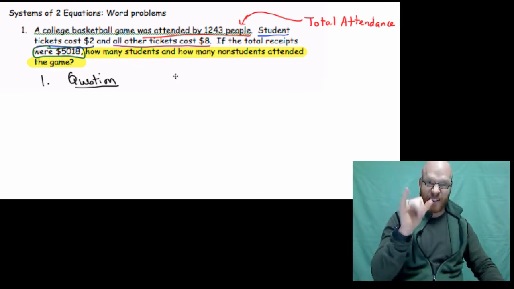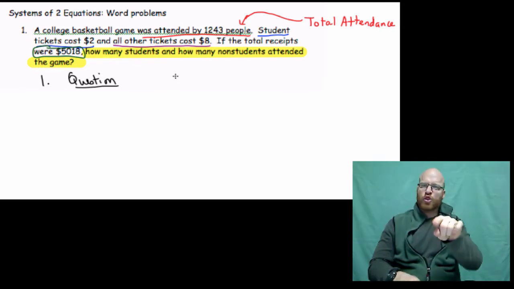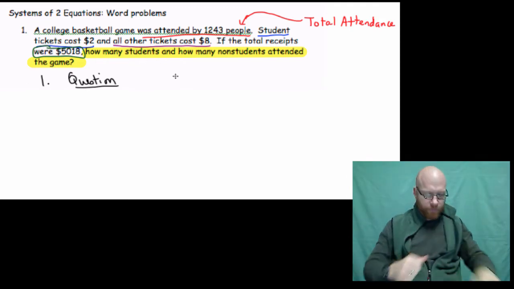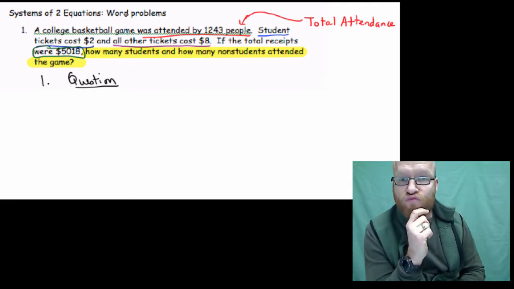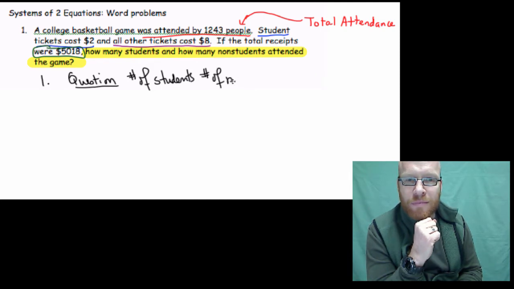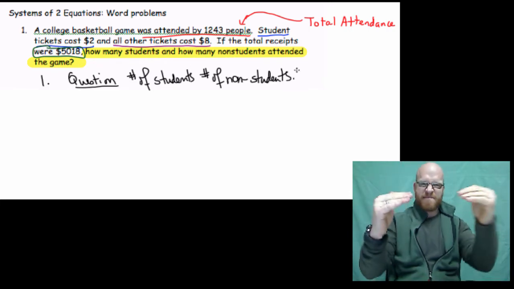Now, with the highlighting, we can see how many students and how many non-students have attended the game. That's our question. Now, our first step is done.